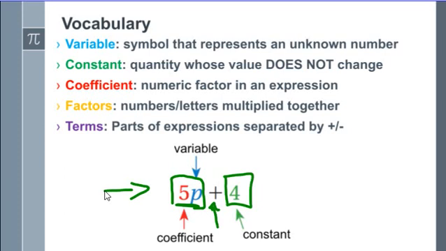So I have two terms. I have one variable. I have two constants. I have one coefficient. I have two factors. And I have two terms. So we're going to be working with all these vocabulary words in our lesson today.